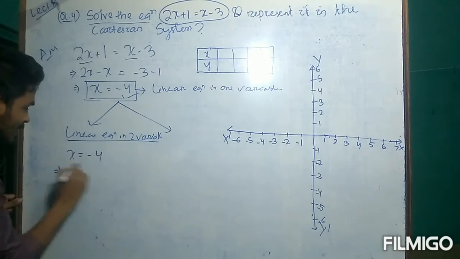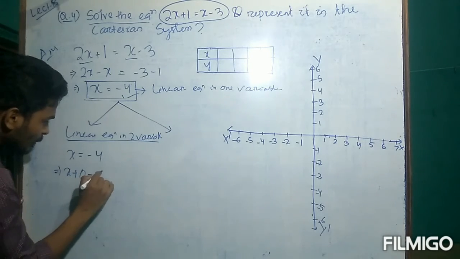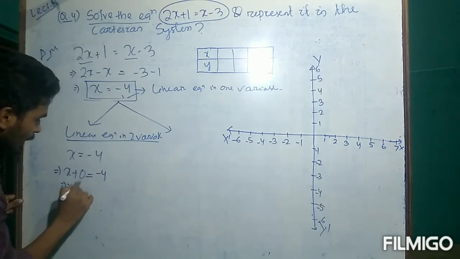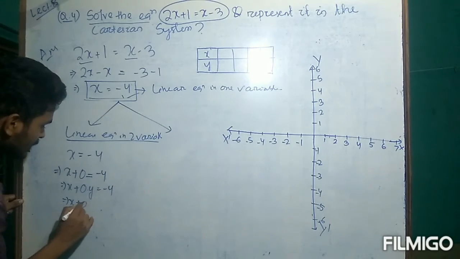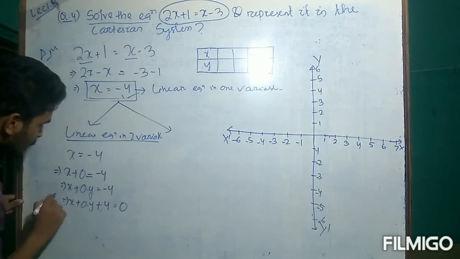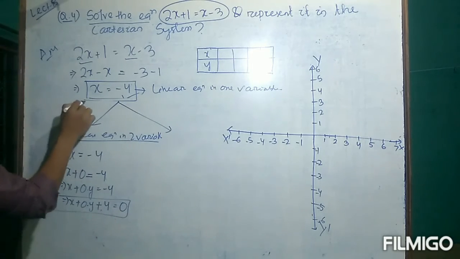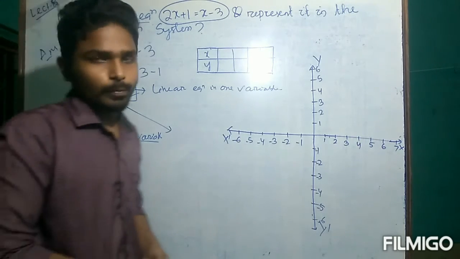So you can write this equation as x plus 0 into y is equal to minus 4. Minus 4 comes to the left hand side to be plus 4, so x plus 0y plus 4 is equal to 0. Now this linear equation in one variable has been converted into a linear equation in two variables.